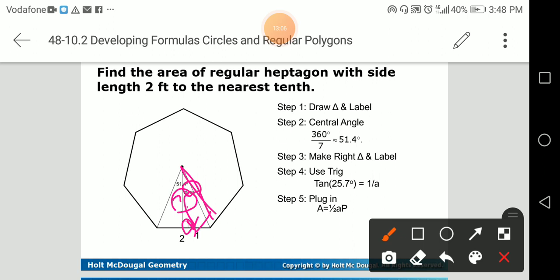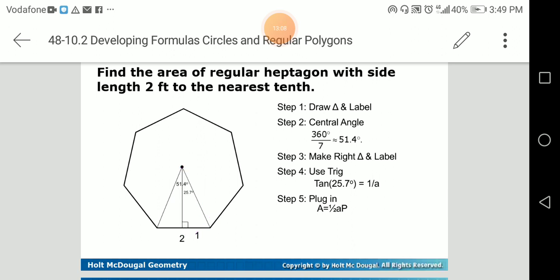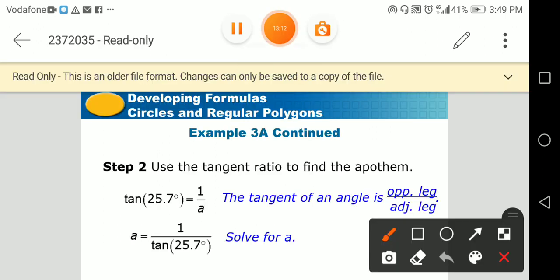So guys, let's do it by calculations. Using the tangent ratio to find the apothem is very easy. Tangent of 25.7 equals 1 over A, which is the adjacent.